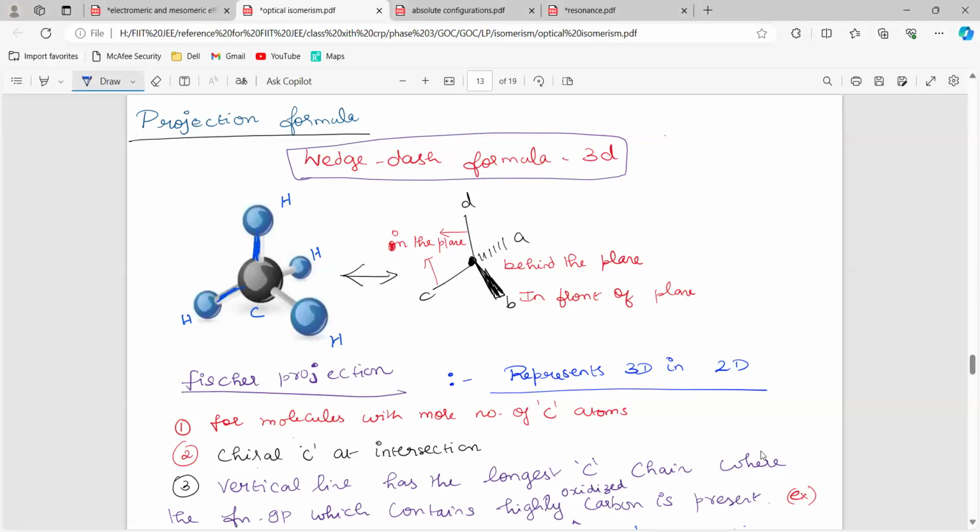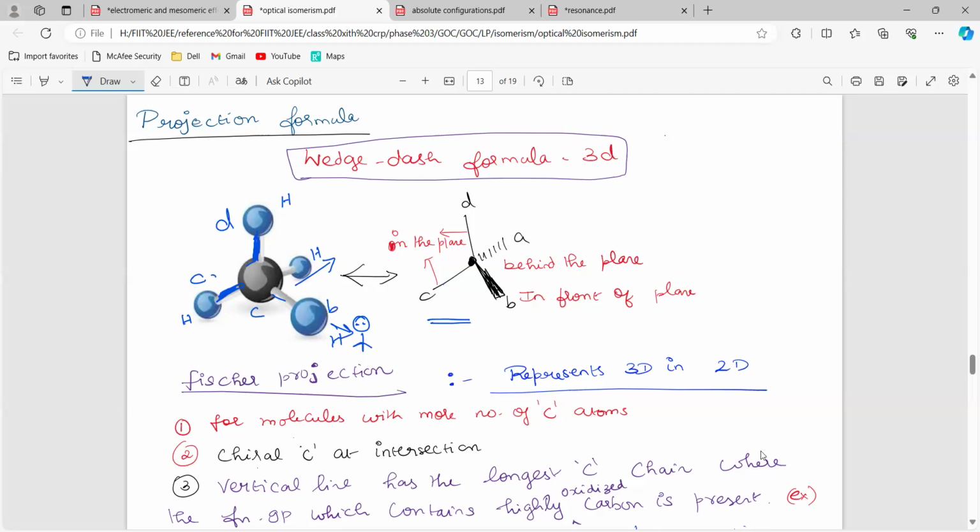They are almost in the plane only. But if I am the person standing here, this is coming towards me and this is going away from me. Yes or no? This is what I'm projecting here. C and D are in the plane. But what about this B?